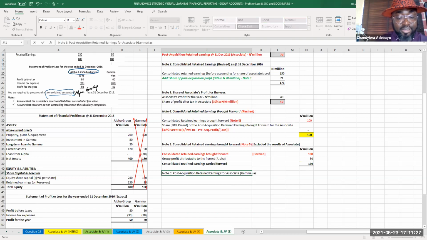And that is as at 1st of January 2016, which is the same thing as 31st of December 2015.